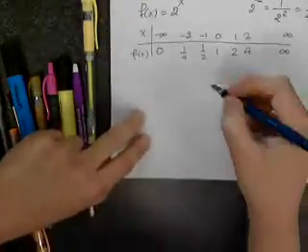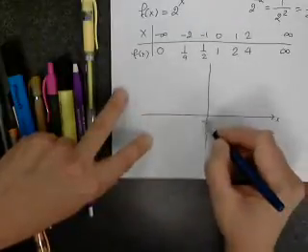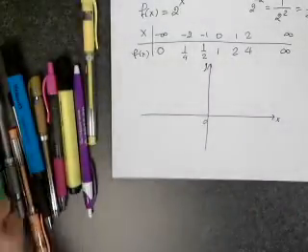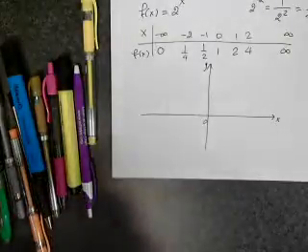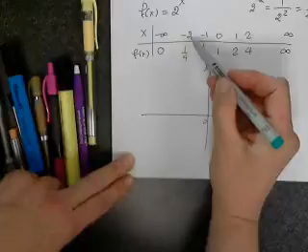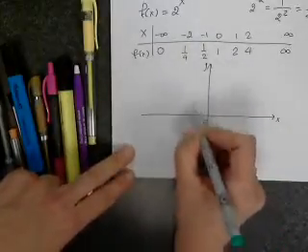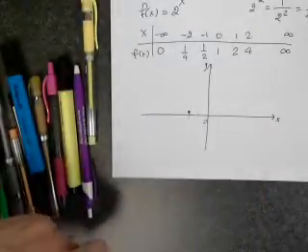Good. So now let's graph this function. Please give me the first ordered pair that you want me to plot. -2, comma. A little bit difficult, right? I'm going to say that this is it. -2, comma 1/4.